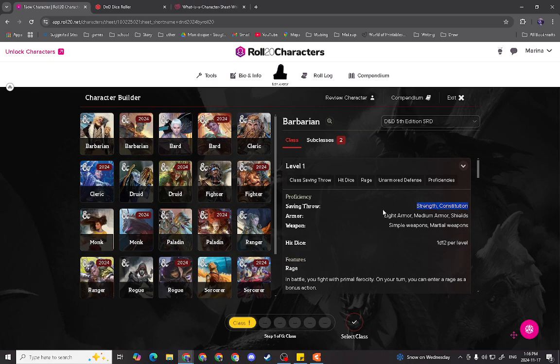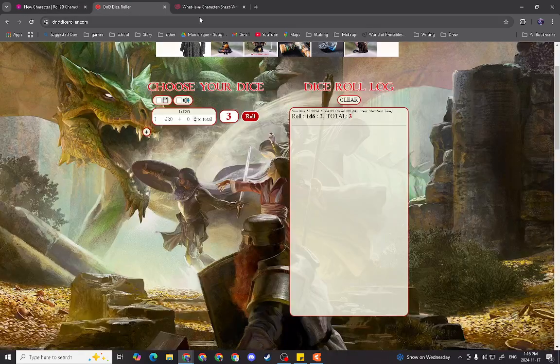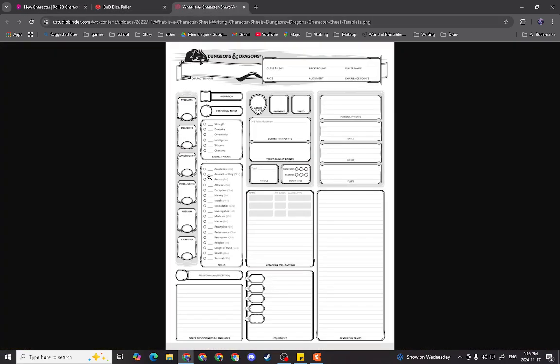What is meant by constitution? Constitution is essentially your body's capacity, and it's not that. Like how much you can do? Is that what it is?